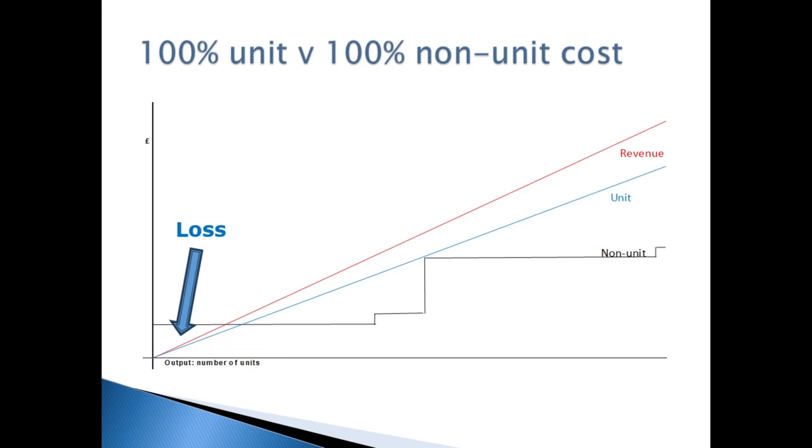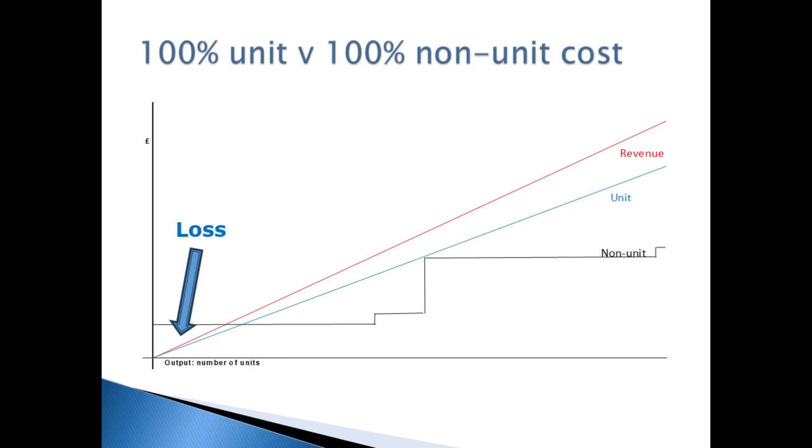However, if you look on the right-hand side, the gap between the costs and the revenue has got a lot bigger for the non-unit costs than it has for the unit. So the opportunity for reward is greater for the non-unit level costs. So the risk and reward are greater with the most non-unit costs.